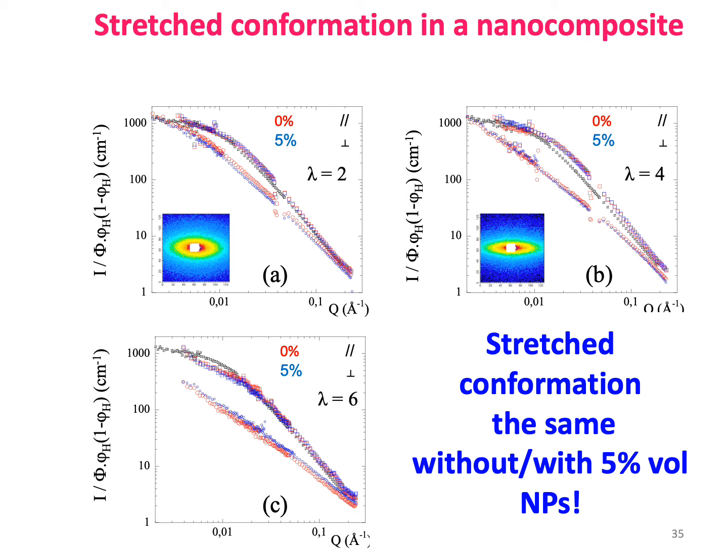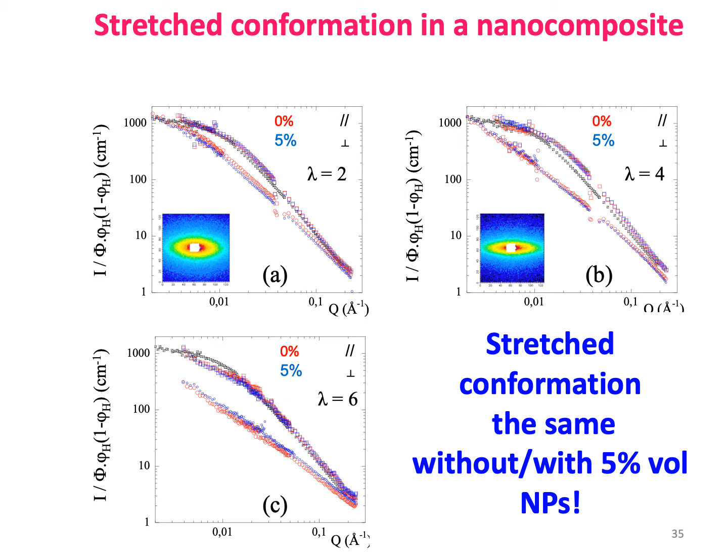You can look at the curve in red first, the red points, which correspond to 0% silica, and then you can look at the blue points, which correspond to 5% in volume of silica, and you can see that they superimpose on each other, so that the form factor is the same.